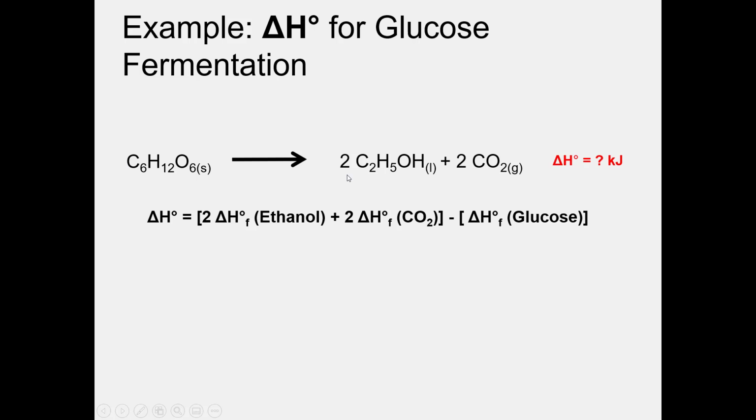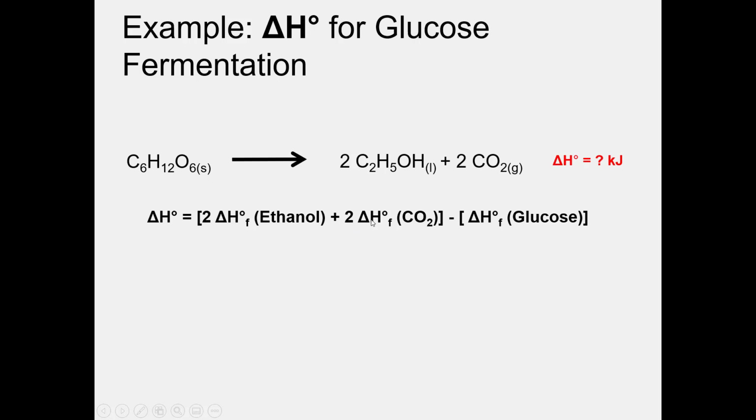The key thing is you have to remember the number of moles of each chemical. So if you're making 2 moles of ethanol or you're making 2 moles of CO2, you have to take that into account in your calculation. So overall, we can find the enthalpy of reaction for the fermentation process by taking 2 times the enthalpy of formation for ethanol. The 2 comes from the balanced chemical equation there.